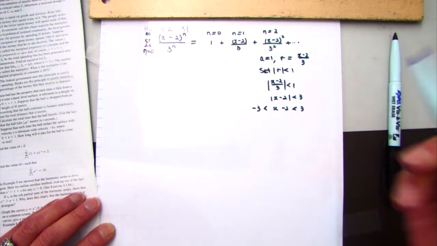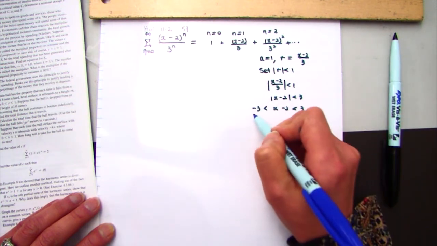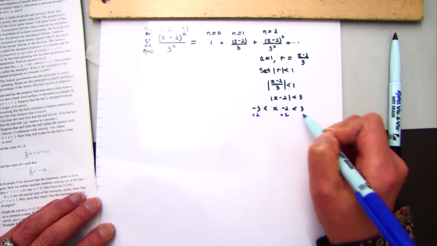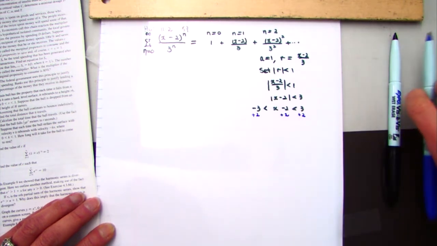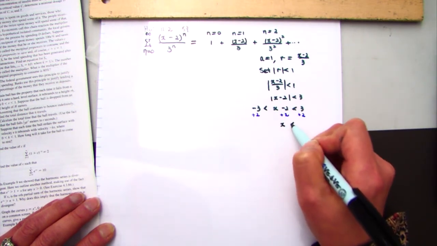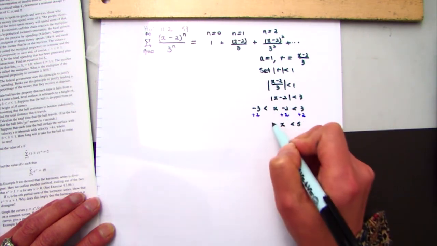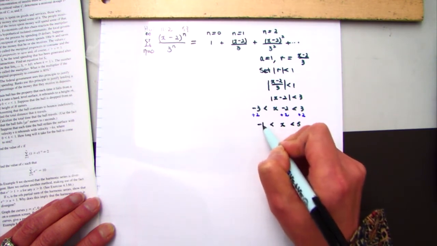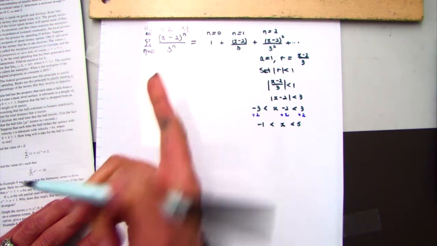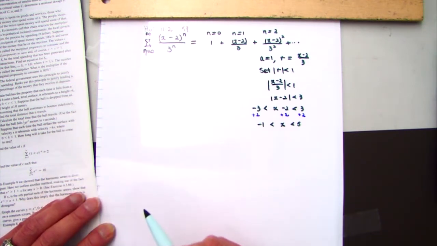Plus 2 everywhere. Okay, so this is the window of opportunity for this power series to converge.